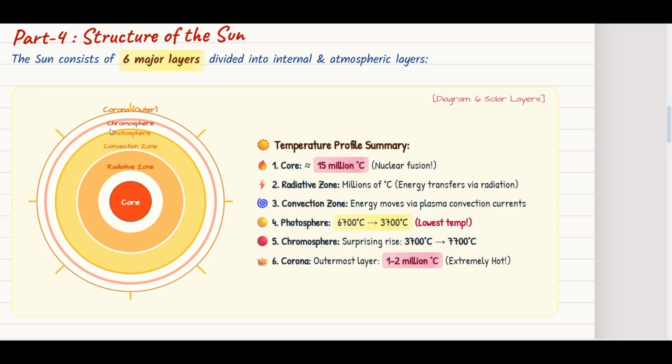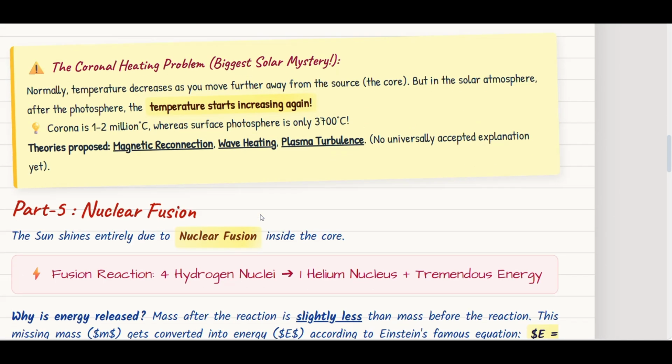In the chromosphere, the temperature suddenly rises from 3,700 to 7,700 degrees Celsius. The corona, the outermost layer, is 1 to 2 million degrees Celsius, extremely hot.